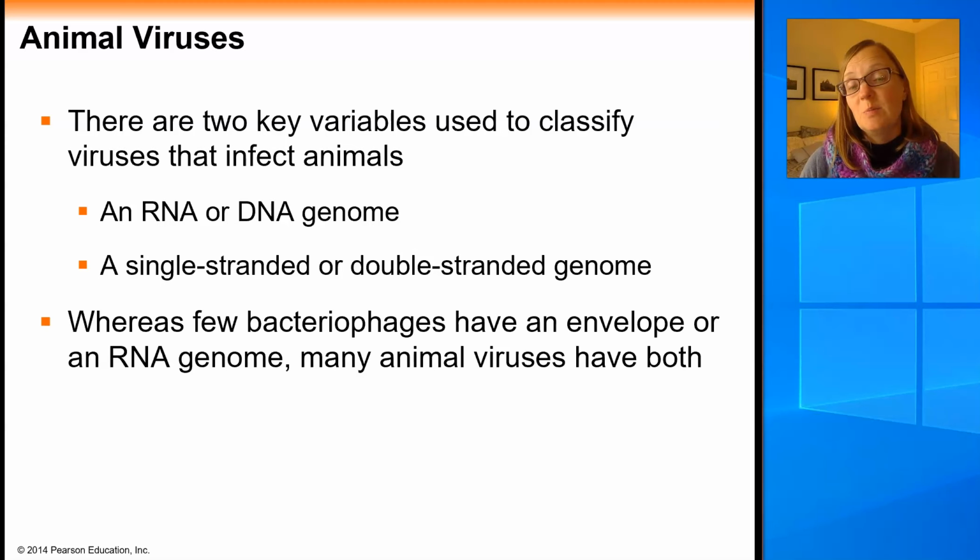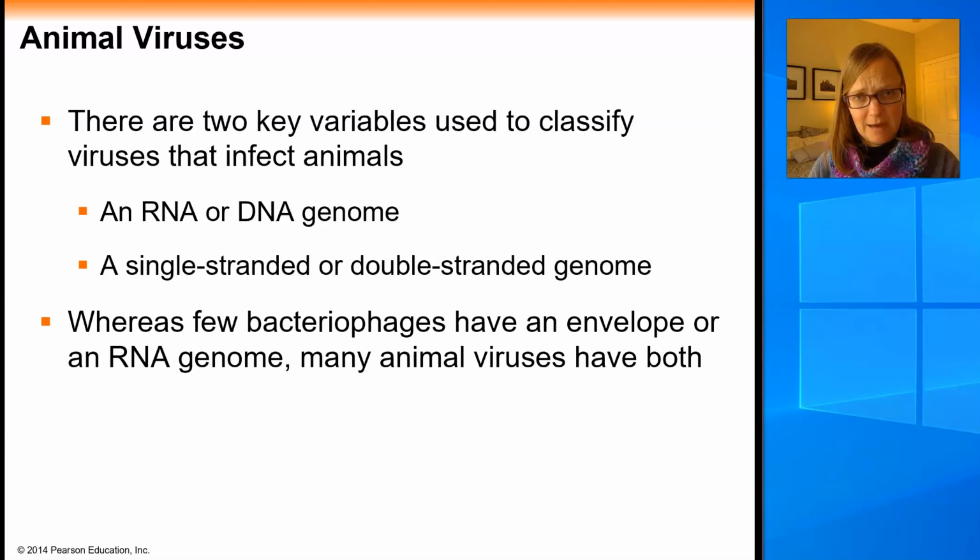And then we classify them based on whether the nucleic acids are single-stranded or double-stranded. And honestly, animal viruses can have every permutation of these two possibilities. So for example, they can have a single-stranded RNA genome, double-stranded RNA genome, single-stranded DNA genome, or double-stranded DNA genome. So again, very, very diverse.